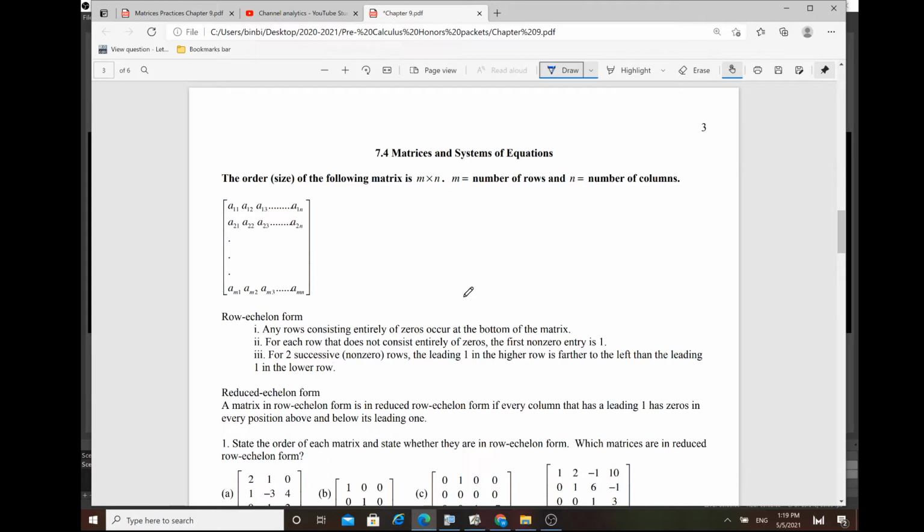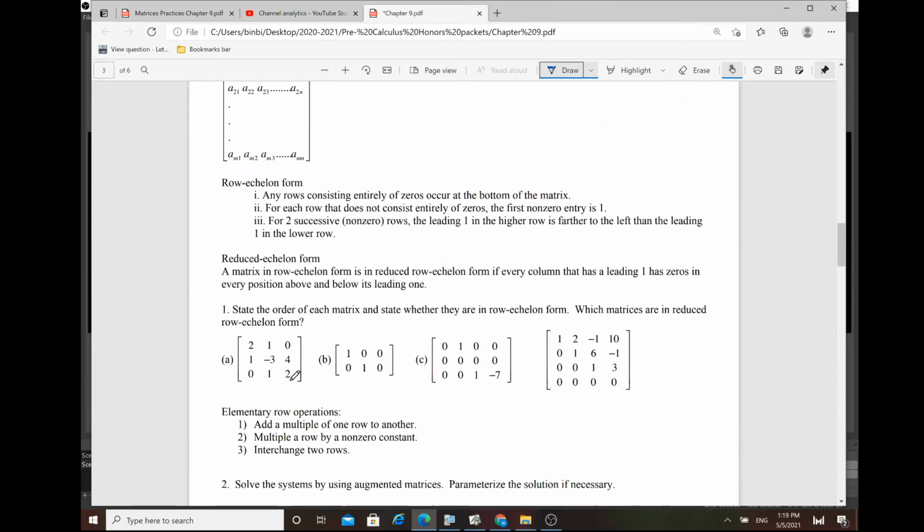Okay, so we're going to look at some examples. For A, as you can see, the leading 1 in the top row is on the right compared to the bottom row, so this one is not row echelon form. But this one, yes, because the 1 is on the most left in the first row, and the bottom one is further right in the second row.